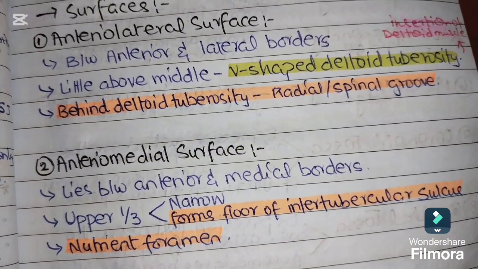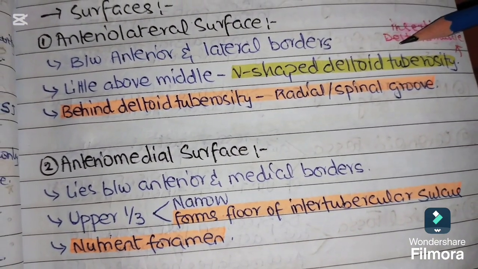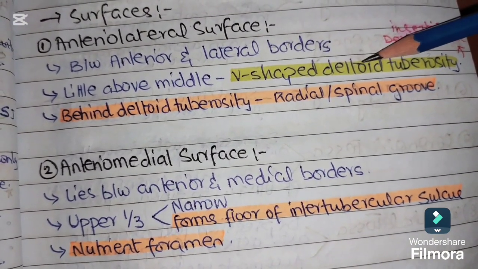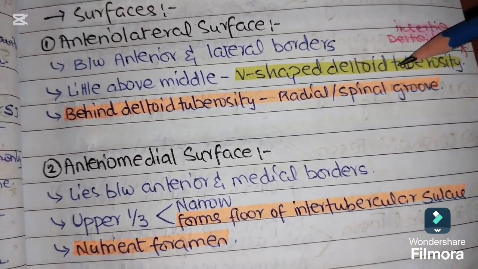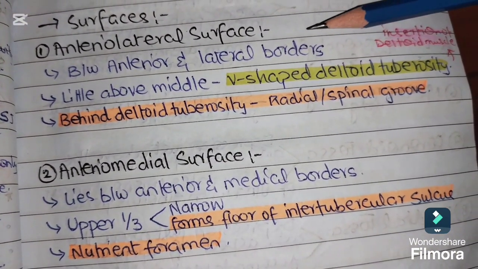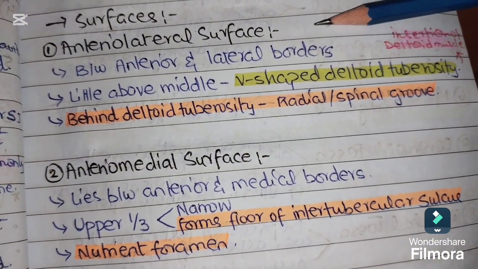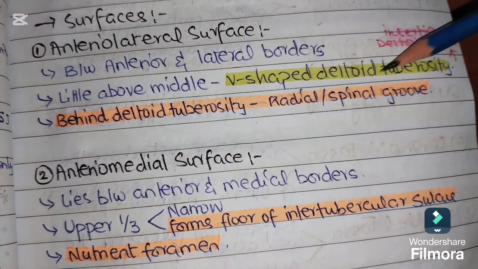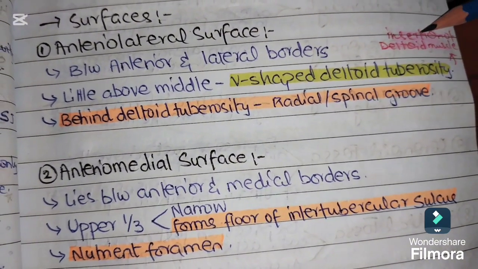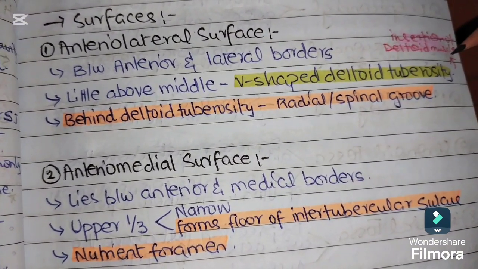It can be asked in the form of an MCQ: where is the deltoid tuberosity present on the shaft of humerus? So you must know that it is present on the anterolateral surface. The deltoid tuberosity is also the point of insertion of the deltoid muscle.